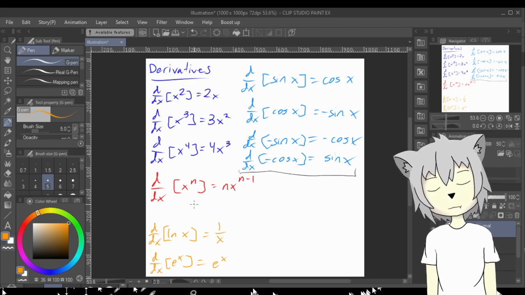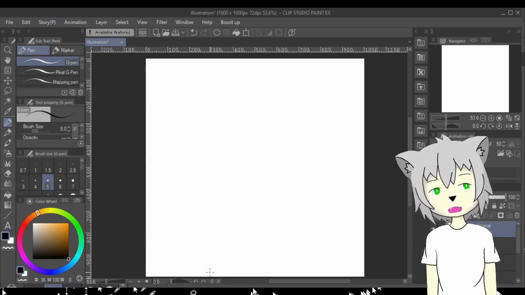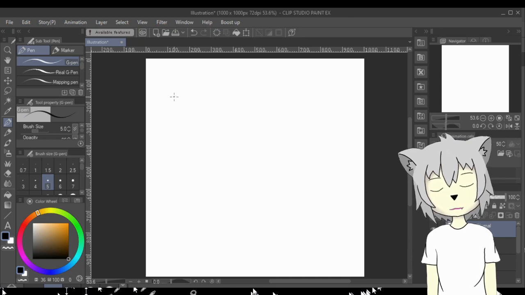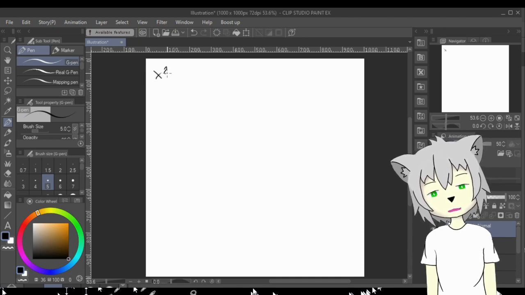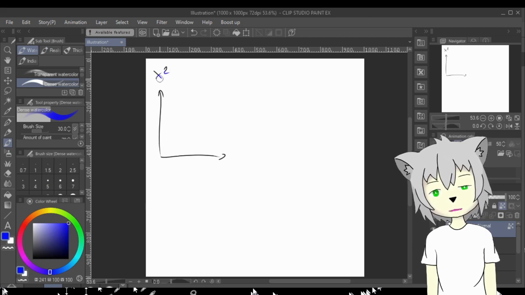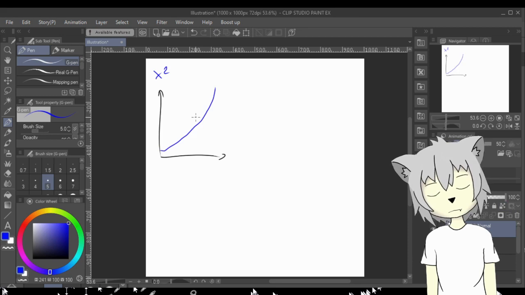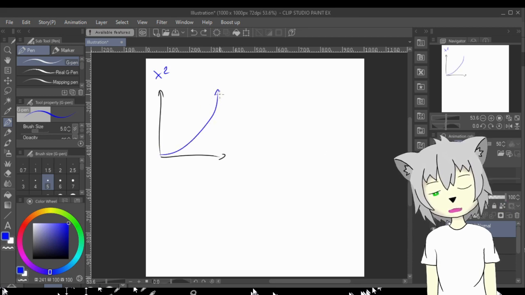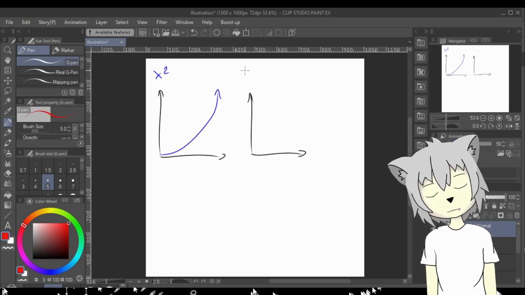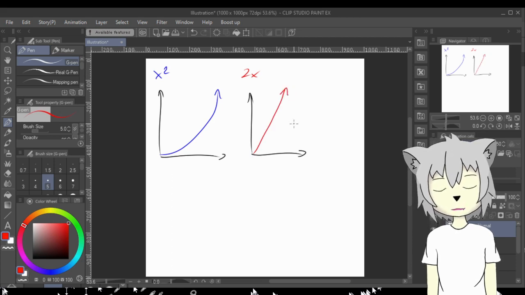But before I get ahead of myself, you may have noticed that x squared is a function, and its derivative, 2x, is also a function in and of itself.